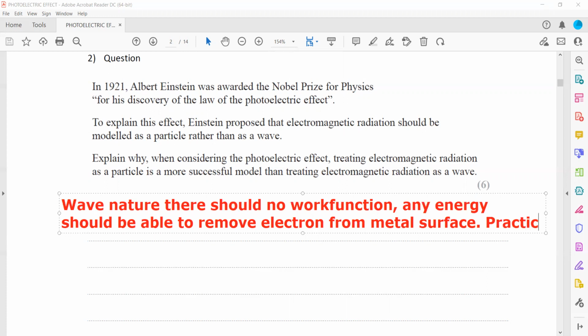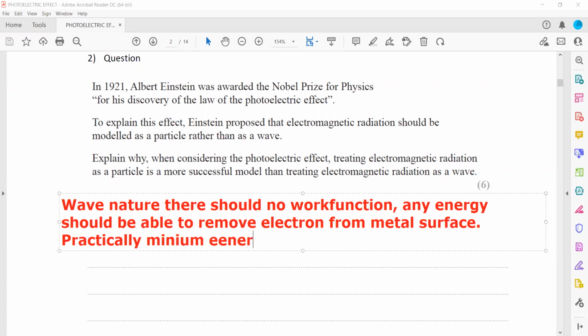So that is the contradiction, that it does not support the wave nature. Practically, it supports the particle nature. There is a minimum energy required to release electrons.